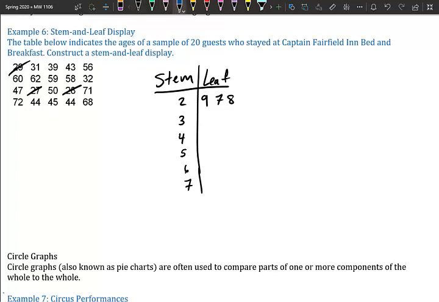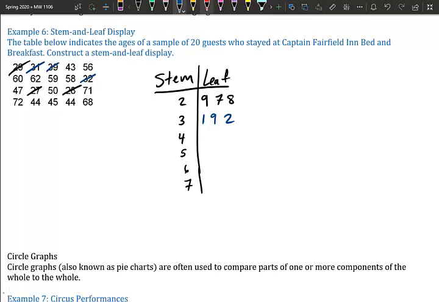So let's move on to our 3s. We have 31, so 3, 1, that's 31. We have 39, so 3, 9, 39. Next we have 32, so 3, 2, 32. It does not have to be in order, which is great for this. You don't have to put it in any order, you just write it as is.